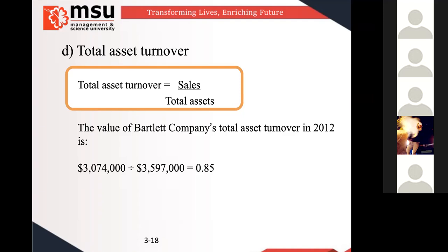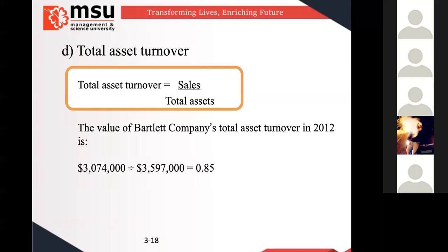But if you want to do the comparison, whether the asset is efficient enough or not, you can look at the higher number. The higher the answer of total asset turnover, the better the performance of the company.